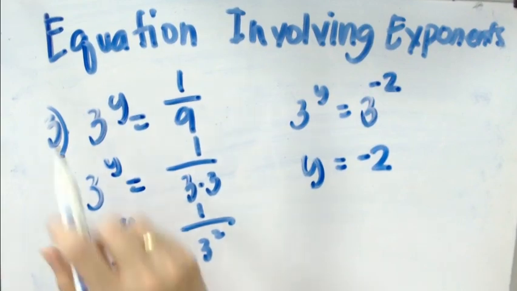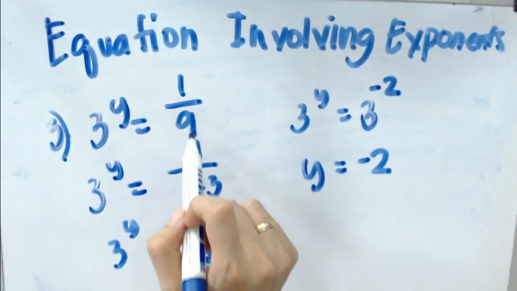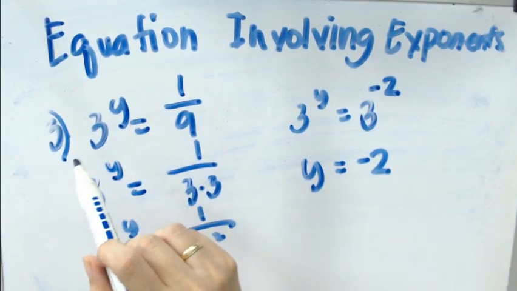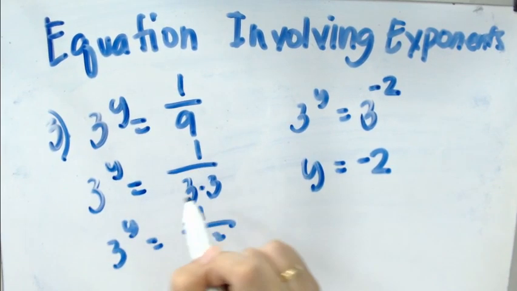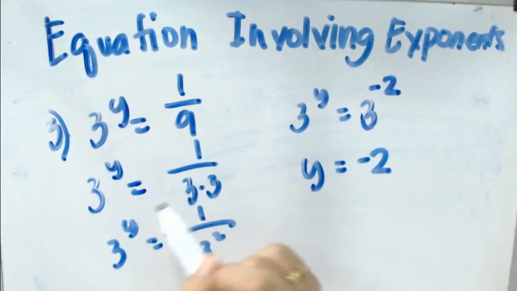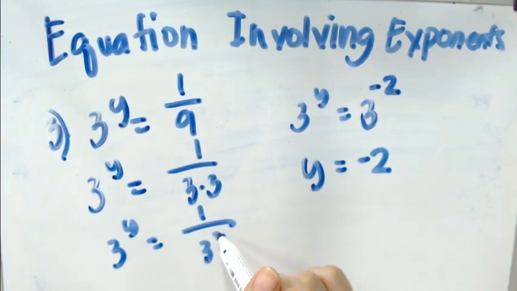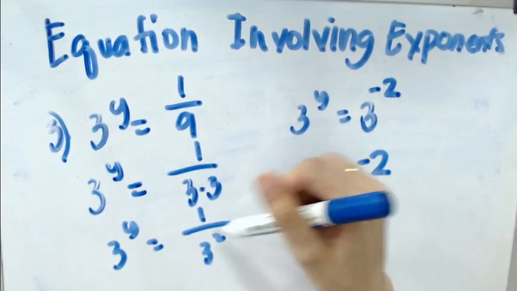Again, the first thing we do is to find the factors of 9 such that there must be 3 in it. And then we have 3 raised to y is equal to 1 over 3 times 3. And then, rewrite 3 times 3 into exponential form, 3 raised to 2. Next, we must make this into a whole number.